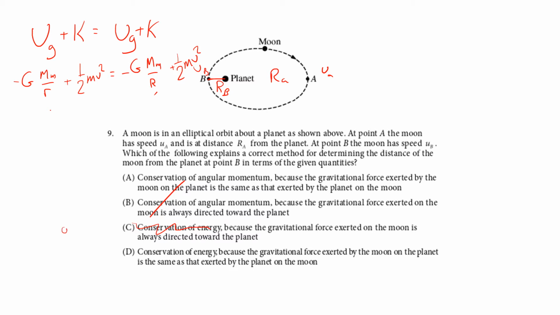So this would be if you were doing something like a equals v squared over r. But you can't do that for this one because this is an ellipse. When we did this equation, we made sure they had circular orbits, which is a common thing. Well, sort of. They're usually close enough for that. But they're emphasizing the ellipse here, so we can't do that. So that's why we're going to do D.